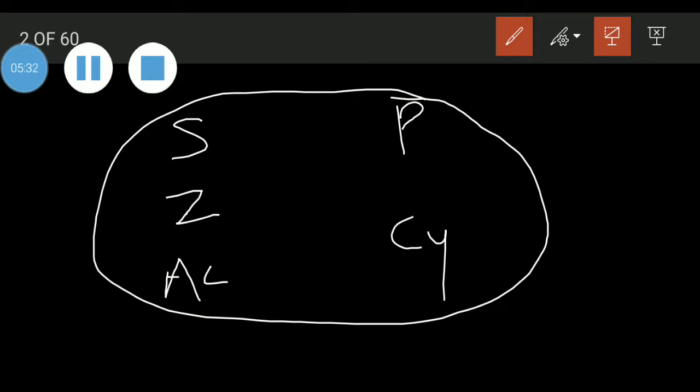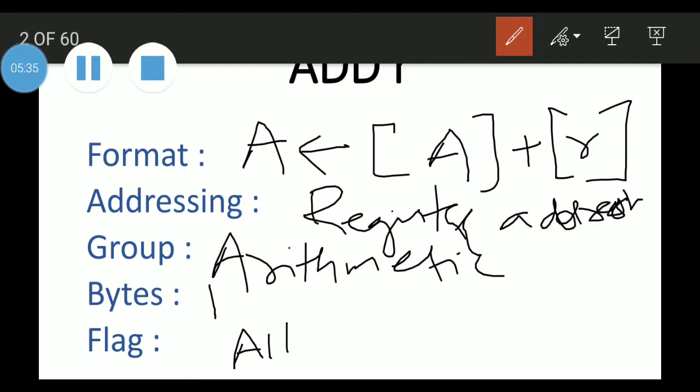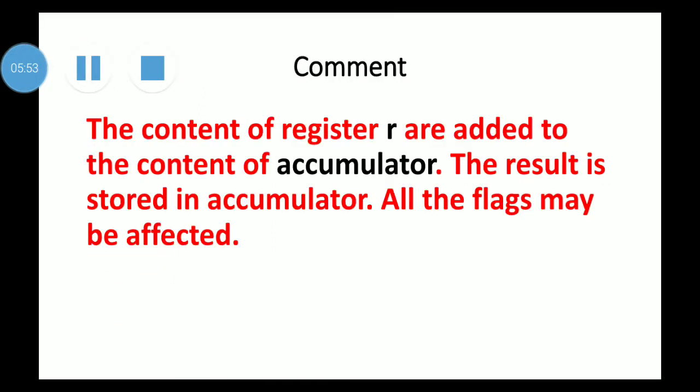Now students, this format you have to remember, so please write it down in your notebook. In 8085 the explanation is given by the word comment. The comment means explanation. Now what is the explanation here?